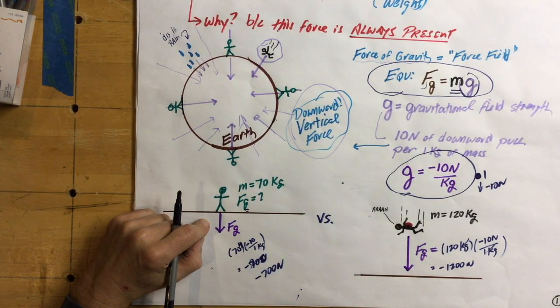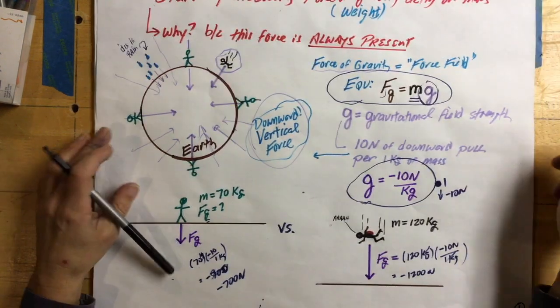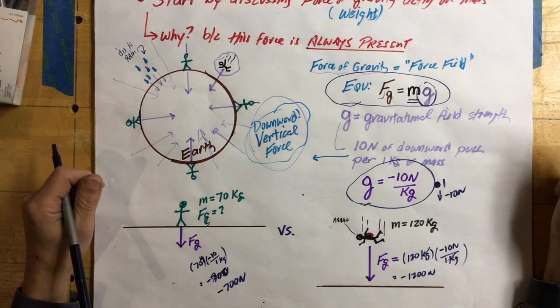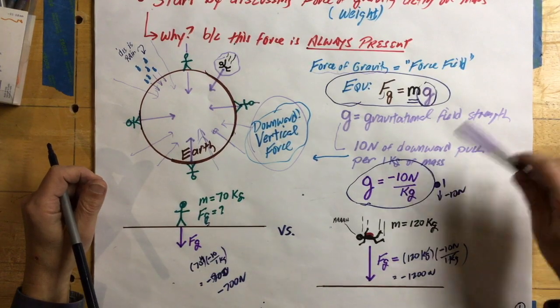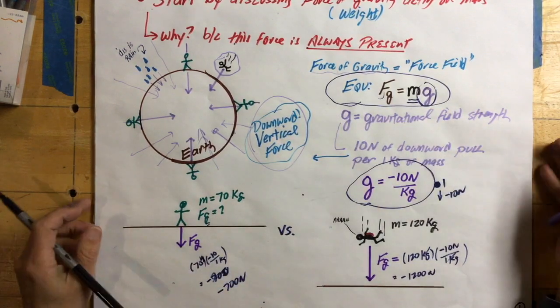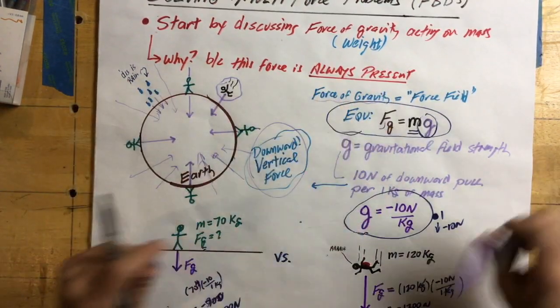So the big thing here is a summary of gravitational force is present everywhere. You can call it weight. It means the same thing. It's the weight, the force that the Earth puts on another mass. It's always going to be 10 newtons down per kilogram of mass. And this is the weight equation. That's where I want to start, because this equation is where everything's going to start happening.